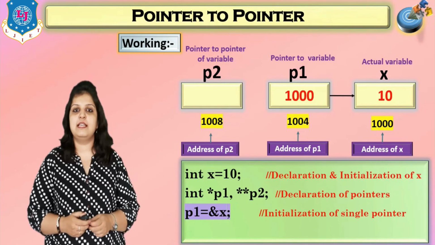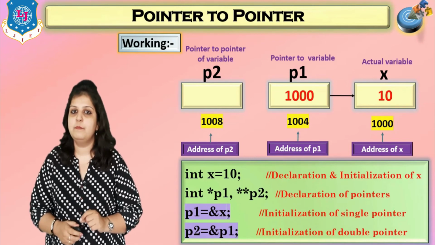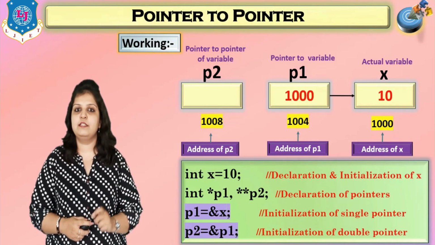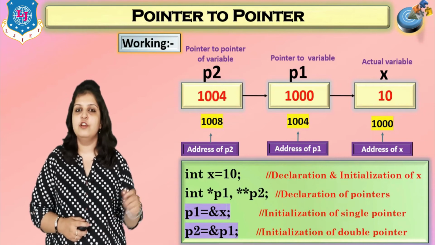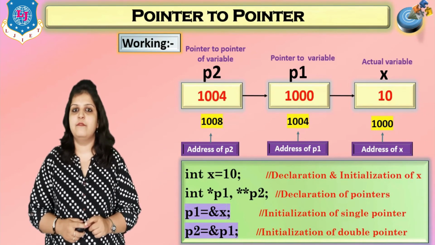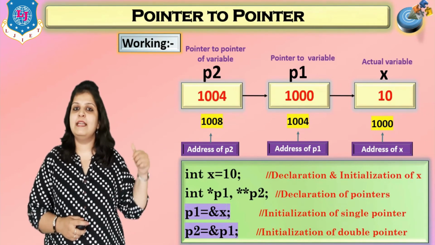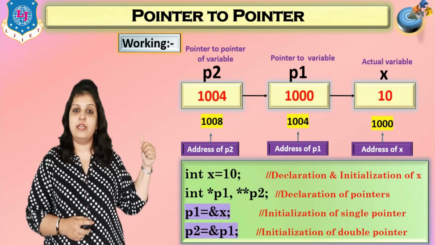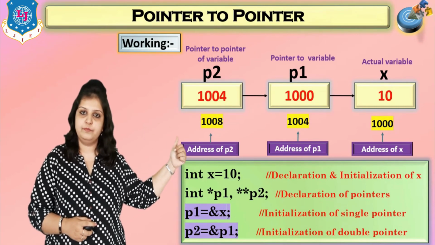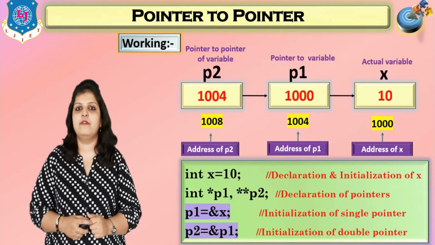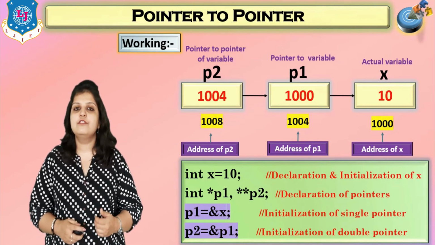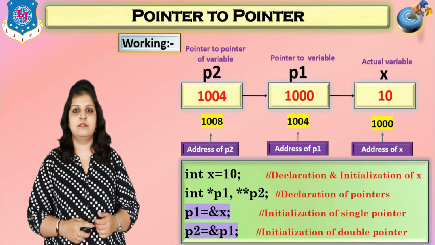So just initialize p2 = &p1. Just to see the address of p1, it is 1004. So 1004 will be stored in our pointer p2. So by using this pointer p2, we can access the value of p1 as well as the value of the x variable. How? Just to see the example.